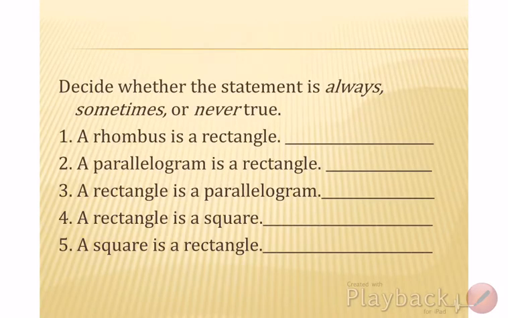So decide whether the statement is always, sometimes, or never true. A rhombus is a rectangle: always, sometimes, or never? You probably said sometimes. A parallelogram is a rectangle, sometimes.